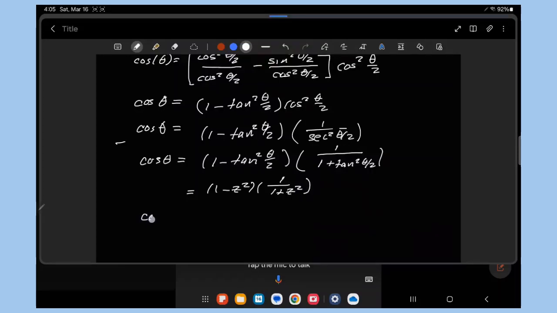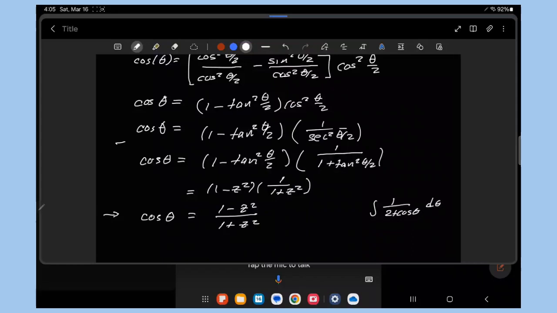And so we get the cosine of theta is equal to the fraction 1 minus z squared over 1 plus z squared. This is an important formula that we will need when we're evaluating, let's recall, the integral of 1 over 2 plus cosine theta d theta.